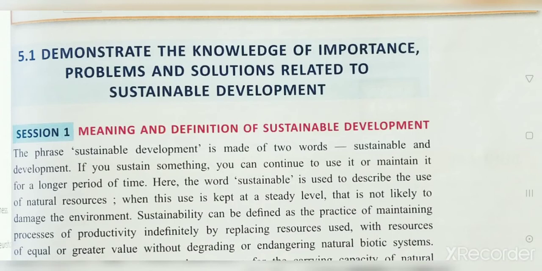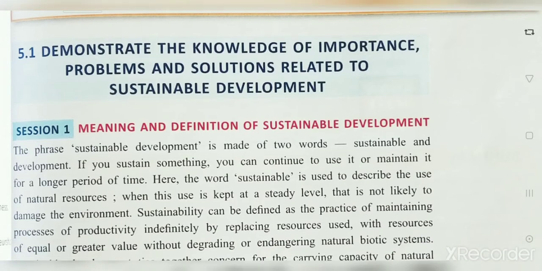Mainly, if you sustain something you can continue to use it or maintain it for a longer period of time. Here the word sustainable is used to describe the use of natural resources. So what do we have to save? We have to save natural resources. What do we have to sustain? We have to sustain our natural resources. Why? For us as well as for our next generation.